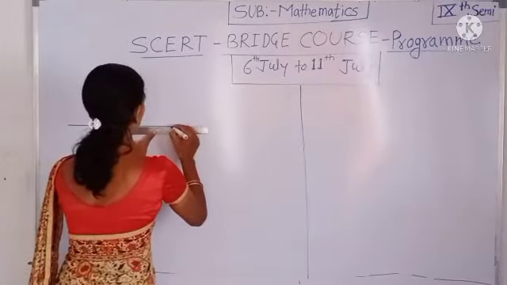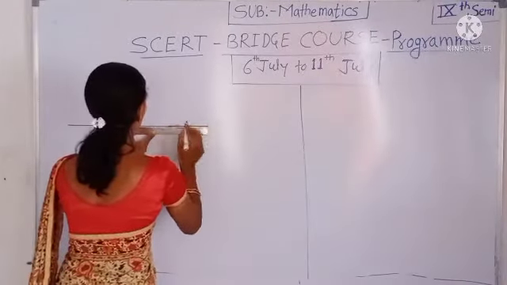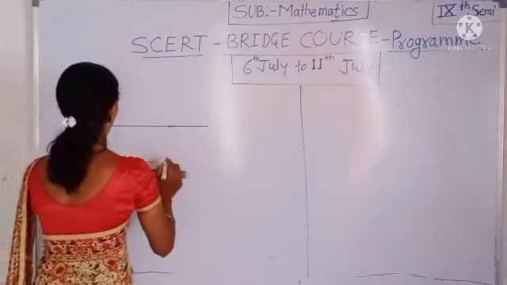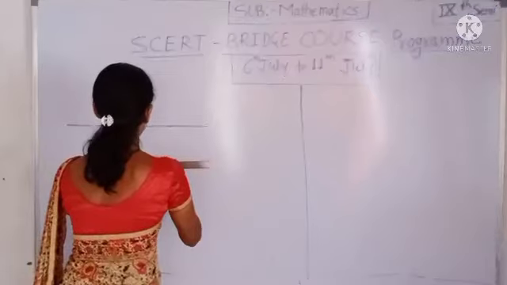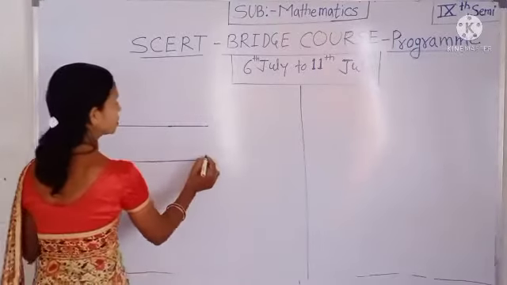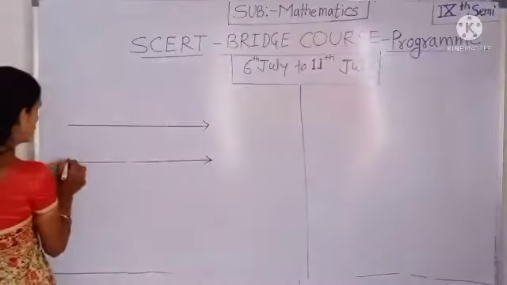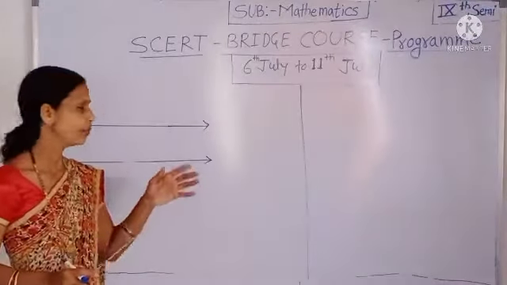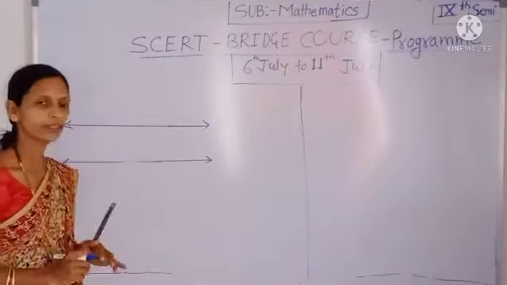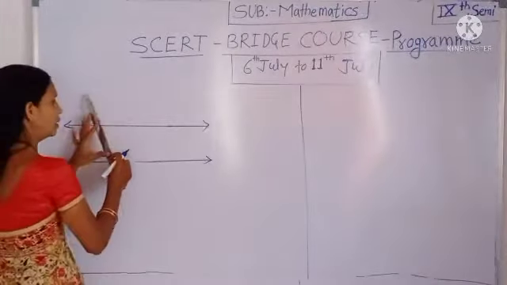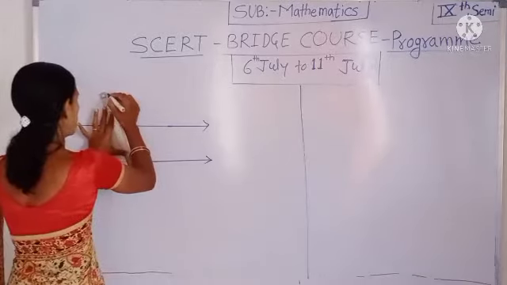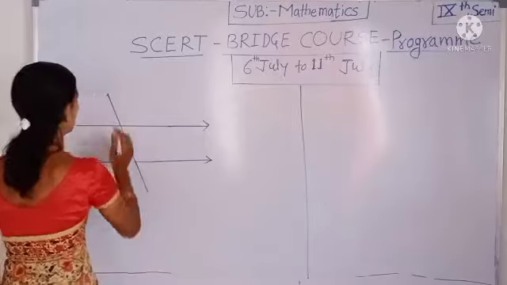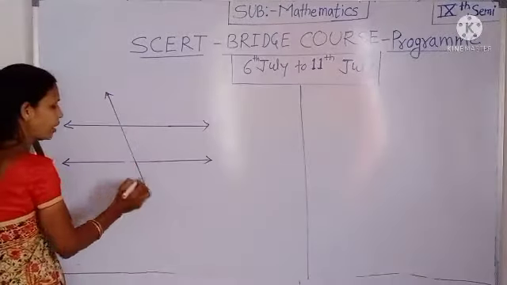Suppose there are two different lines. Those lines may be parallel or non-parallel, and the transversal intersects the two different lines.